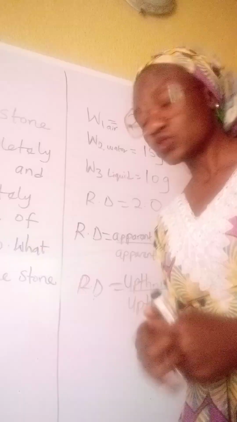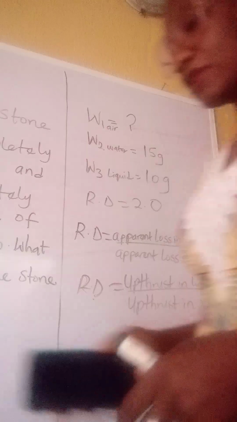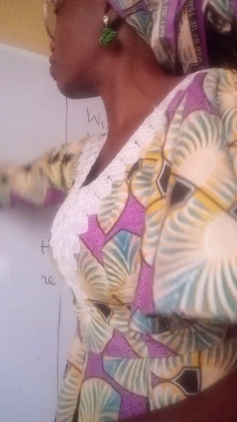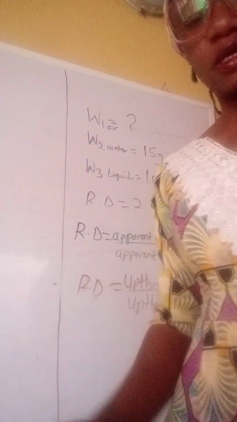Is that okay? So now let's solve this problem together. Permit me to wipe these other parts since we've already picked everything from the question. So now what will be our upthrust?